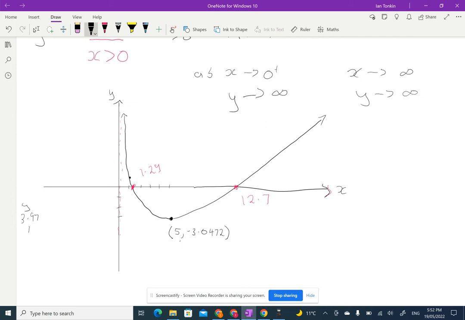I mean, the global minimum is going to be negative 3.0472 because what do they want you to sketch it between? I've lost the question. I thought it might have been... Hold on, I'll get it up on my other computer. And what was it? I think it was 1 and something. So where is this question?